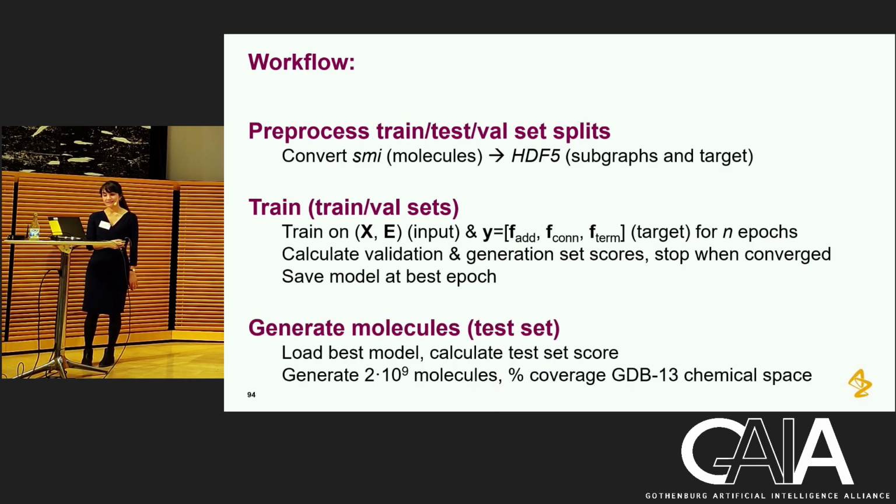We can load the best model and use it to calculate the test set score. And we can generate 2 billion molecules and calculate the percentage coverage of the GDB13 chemical space, which is one of the benchmarks we're using. I'm not going to discuss it in too much detail, but calculating the percent coverage of chemical space would allow us to compare our graph-based method to the previously published string-based methods.